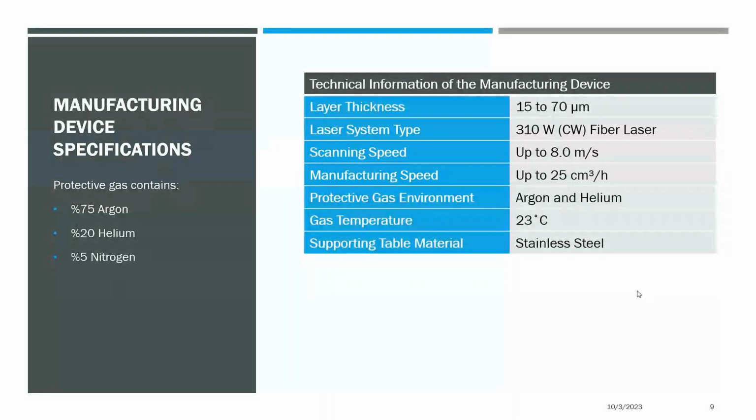The protective gas environment mainly consisted of argon and helium, which was 75% argon and 20% helium, with 5% nitrogen. Gas temperature was 23 degrees Celsius, and the supporting table material was stainless steel.